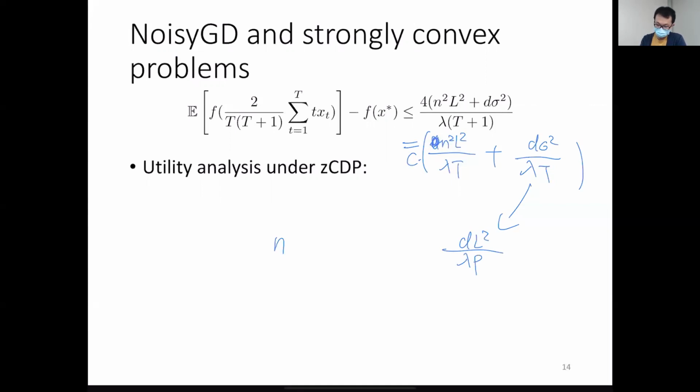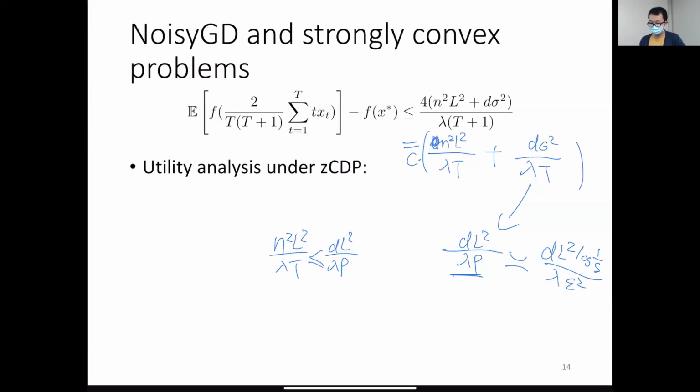The first term needs to be smaller than d L squared over lambda rho, then we get a marginally meaningful number of iterations for this algorithm to converge to this parameter, right? Again, this is d L squared log 1 over delta over lambda times epsilon squared, right?